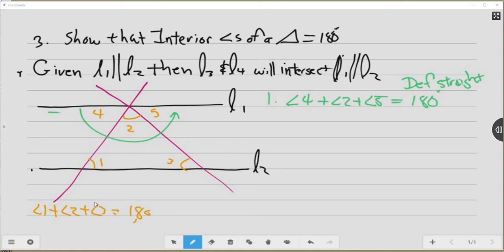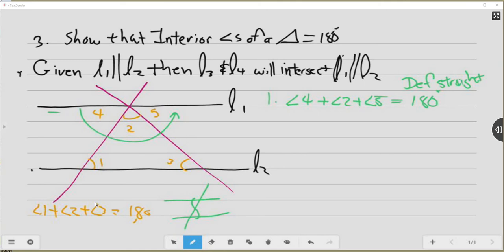What kind of angles are they? Look, I'm arguing that what we proved is that alternate interior angles are equal. You've got to connect problem number 2 with problem number 3.